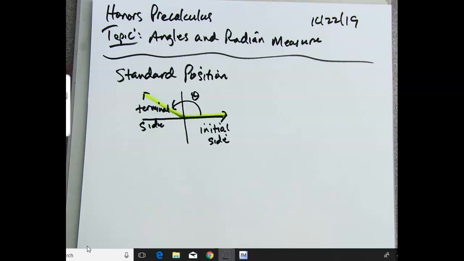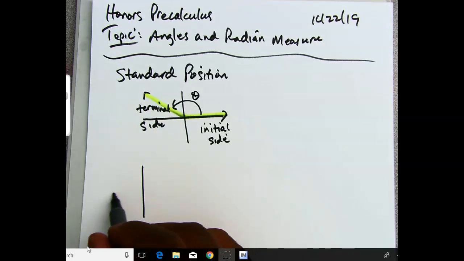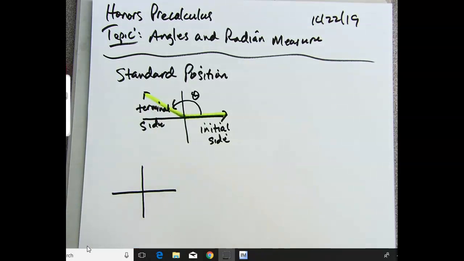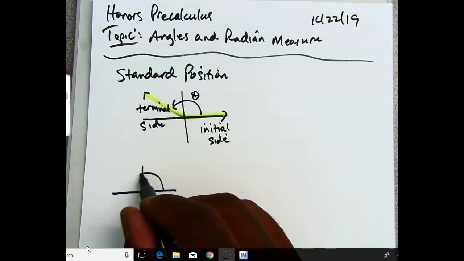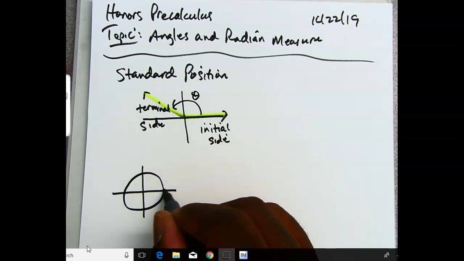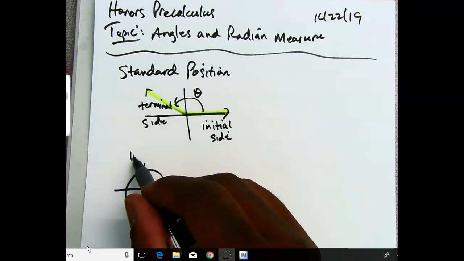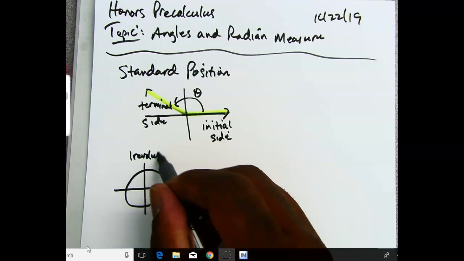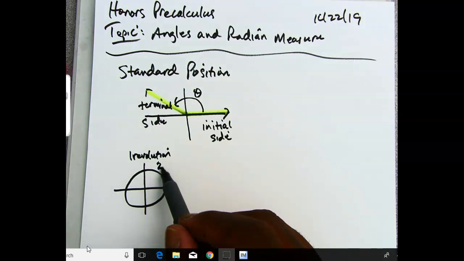Then we mentioned revolution yesterday. So what's a complete revolution? One revolution is equal to 360 degrees or 2 pi.